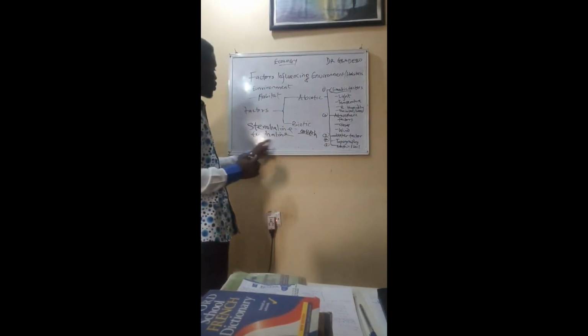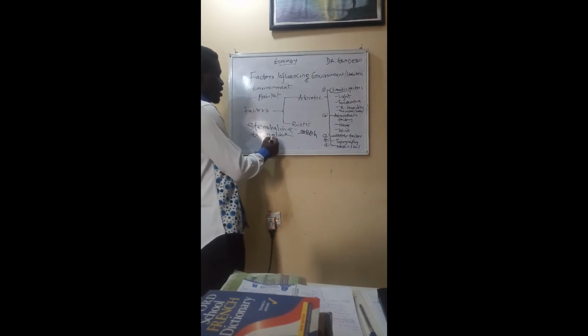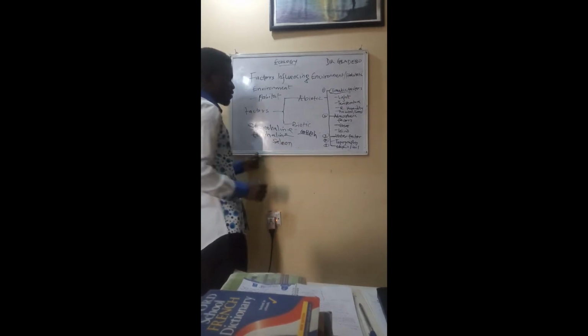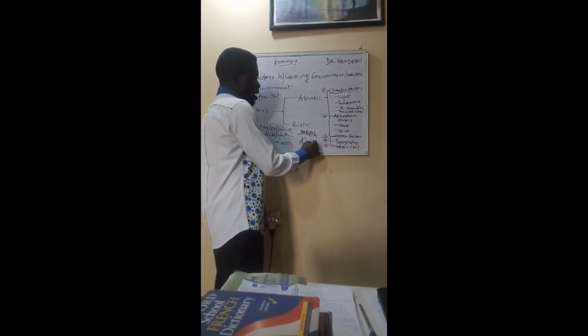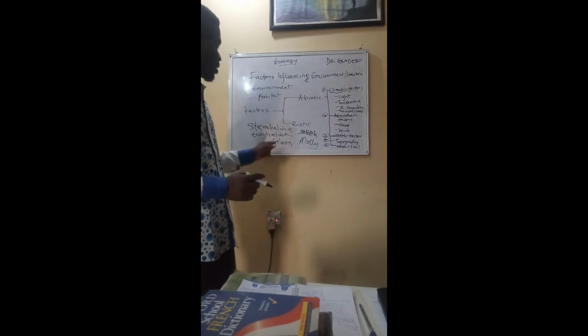An example of euryhaline fishes or organisms, we have salmon. Salmon is a fish. We also have the molly fish. Molly is a fish too.